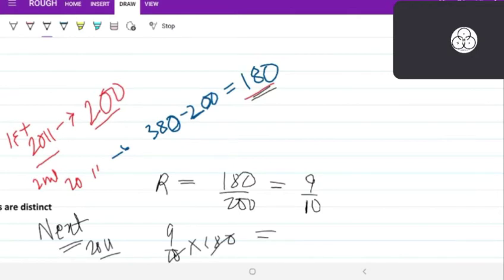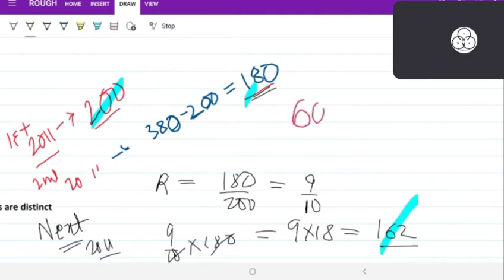This will be 9 into 18, 9 9s are 81, 162, right? So this is the sum of the first 2011 terms, this is the sum of the next 2011 terms, and this is the sum of the next 2011 terms. To get the sum of the 6033 terms, simply add them up, you will get it.